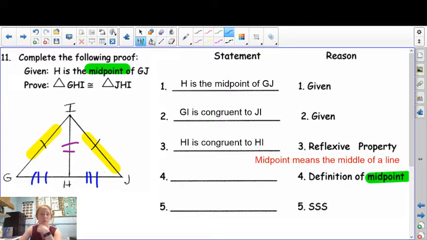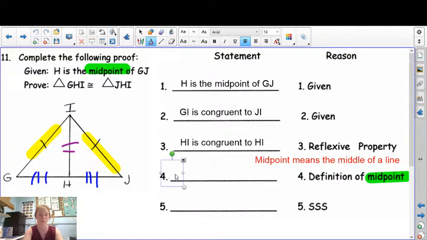Well, I could probably go with GH is congruent to, well, I have to go back to H, so I can't say HJ, can I? Because then that means G would have to be equal to H. Is G equal to H? No, G's not equal to H, but H is equal to H. So as long as I have the H in the second spot in both, we're good to go.